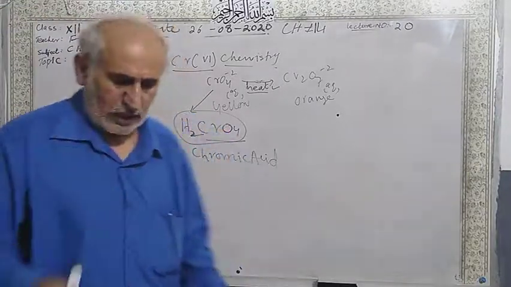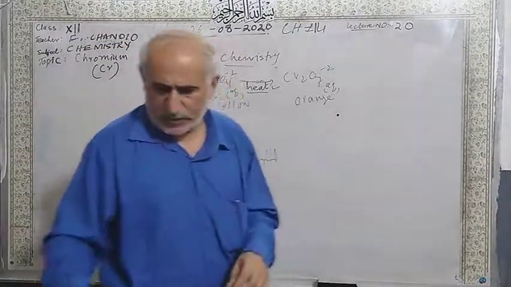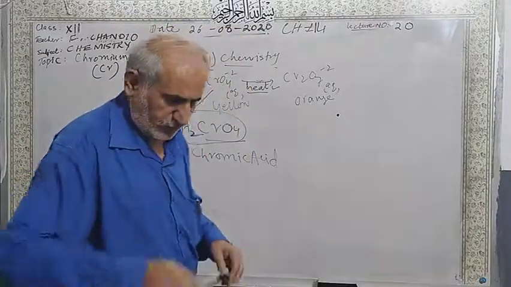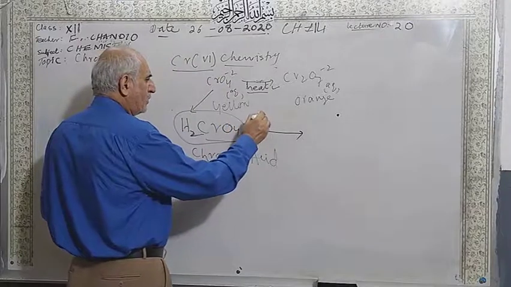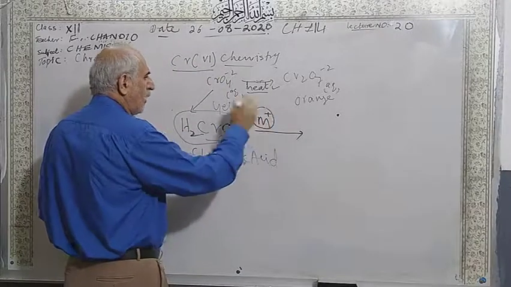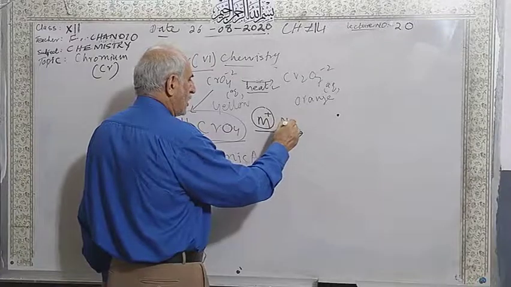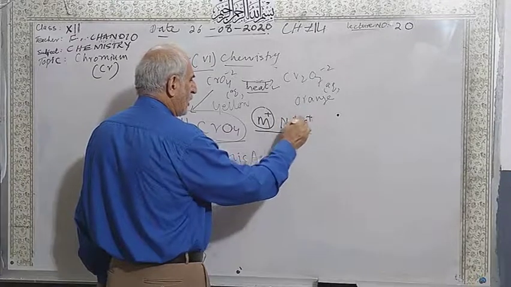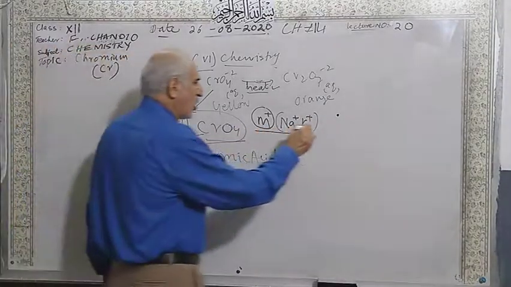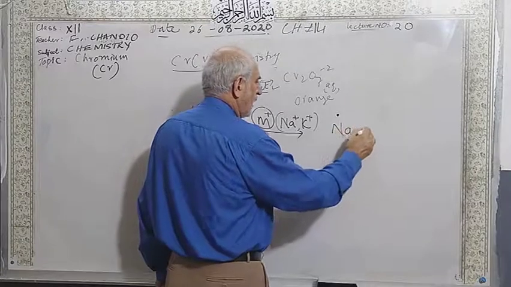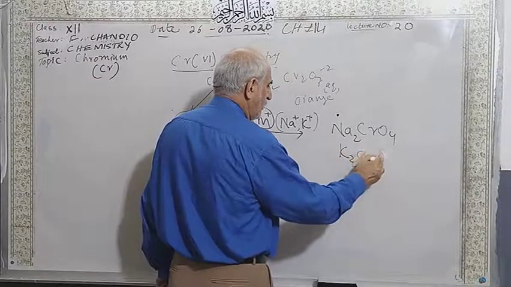If we want to replace this hydrogen by a metal ion, this metal may be sodium ion, potassium ion or other alkali metal ions, you will get a salt, which is called sodium chromate or potassium chromate.